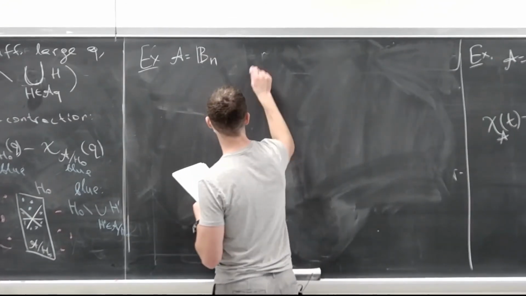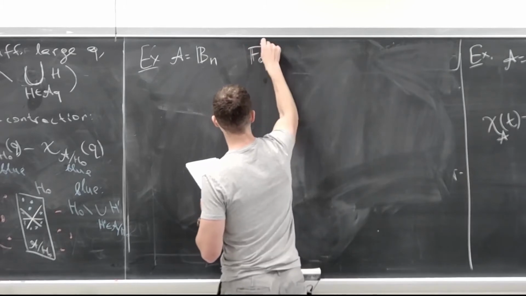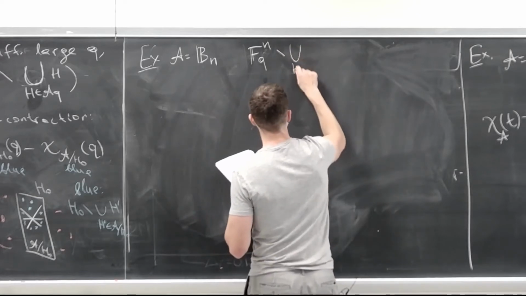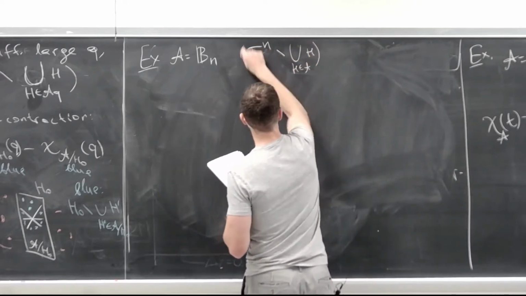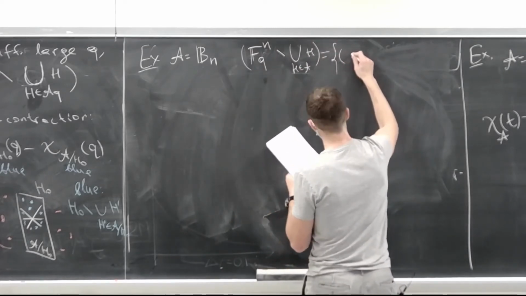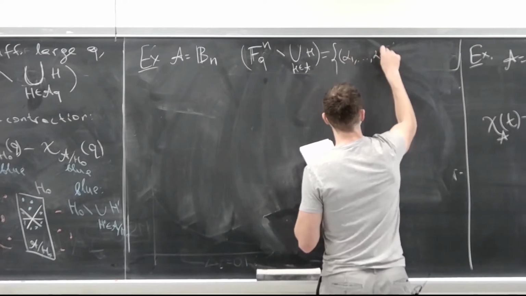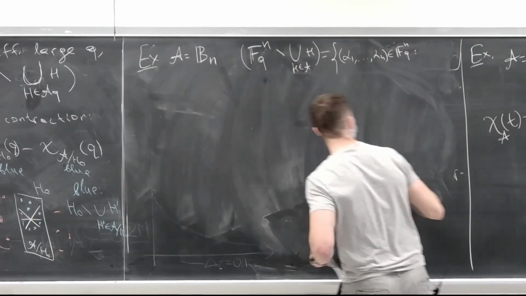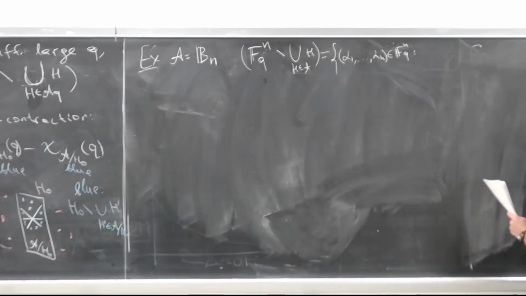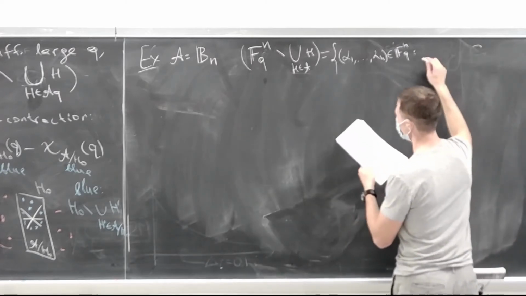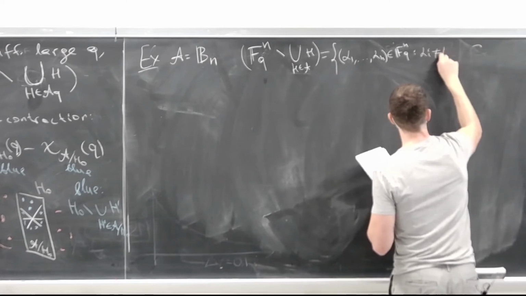Then Fq to the n minus the union of hyperplanes is basically, you count collections of points alpha 1 through alpha n in Fq to the n, and the conditions on these numbers are that they should be pairwise distinct: alpha i not equal to alpha j.